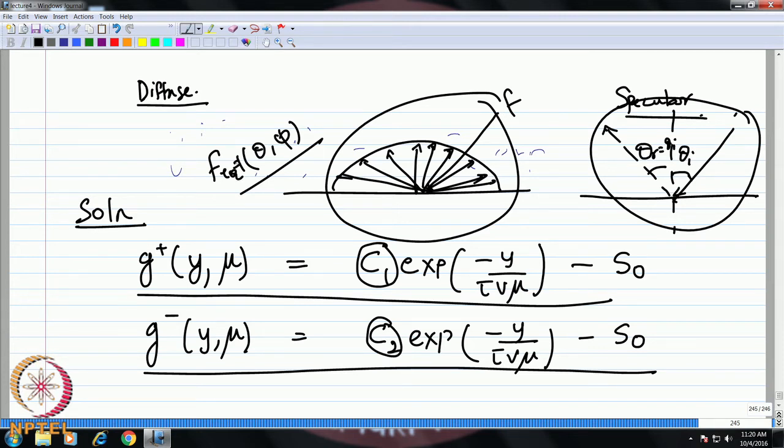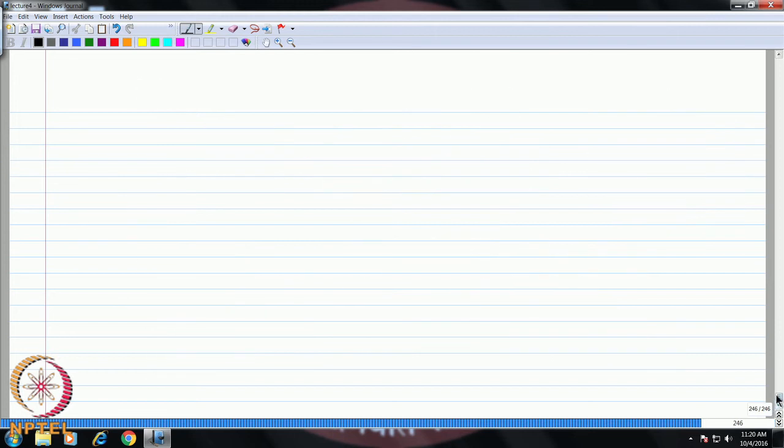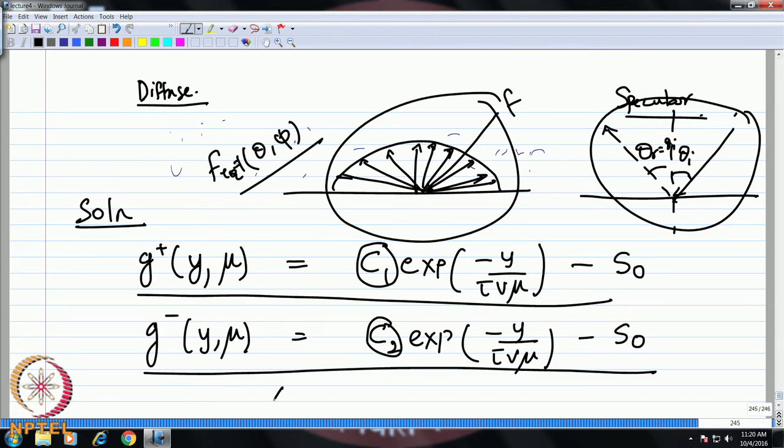Okay. So, therefore, to apply the boundary condition at y equal to 0, that is at the bottom surface, our F will now become equal to F equilibrium in the case of diffuse scattering, and therefore, this will tell that G will be equal to 0.